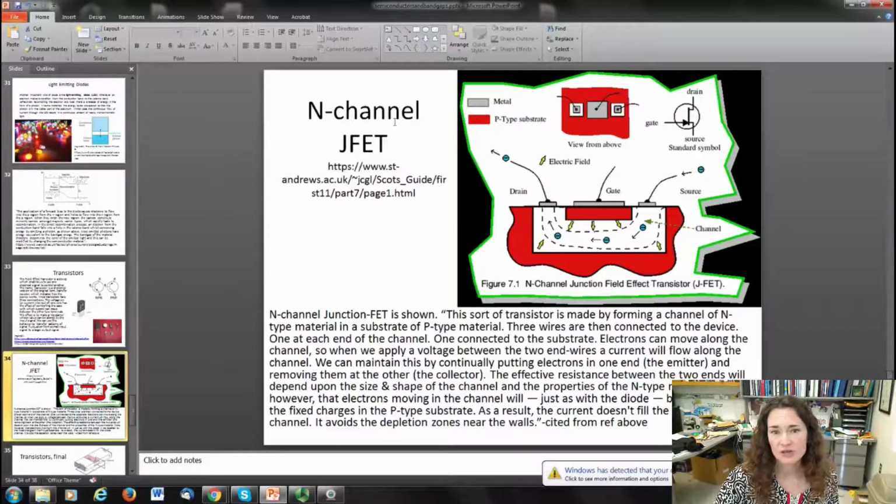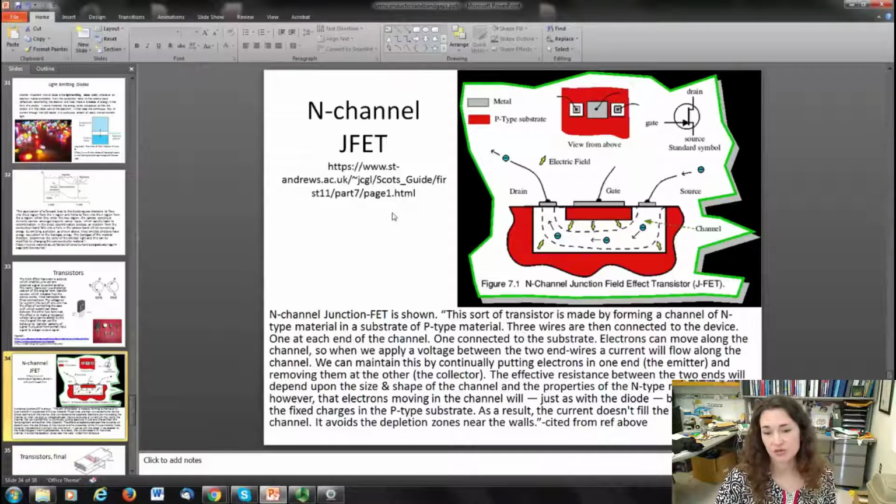So here is pictured an N-channel junction field effect transistor. This sort of transistor is made by forming a channel of N-type material in a substrate of P-type material. 3 wires are connected to the device, 1 wire at each end of the channel, and 1 connected to the substrate. Electrons can move along the channel, so when we apply a voltage between the 2 end wires, a current will flow along the channel, and we can maintain this by continually putting electrons in at one end, which is the emitter, and removing them at the other, which is called the collector.